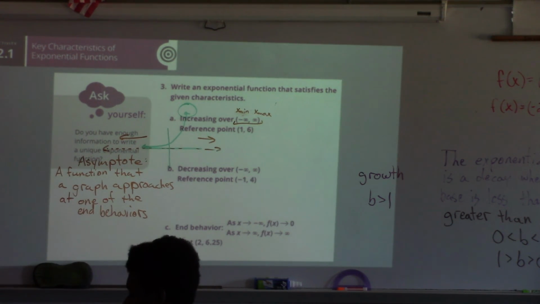An asymptote is a function that a graph approaches at one of the end behaviors.